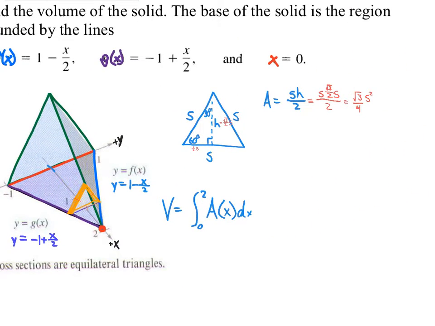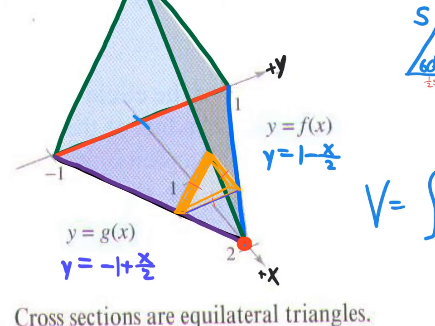So the side is going to equal the upper function minus the lower function. Well, if the positive y is up here, then this is going to be our upper function, and this is going to be the lower function.